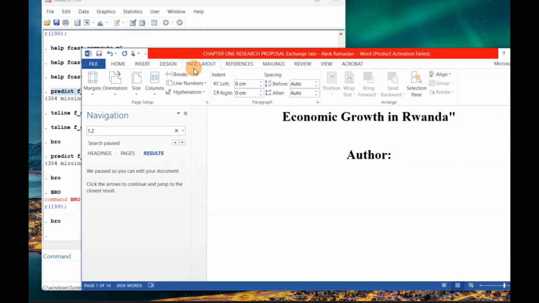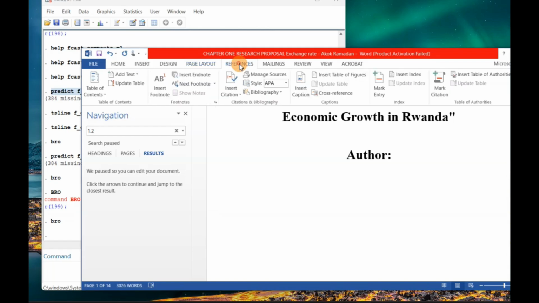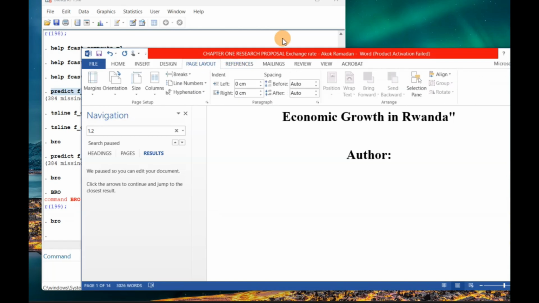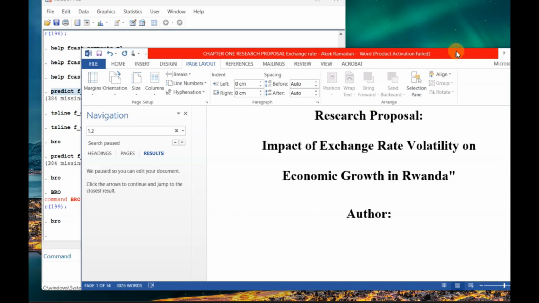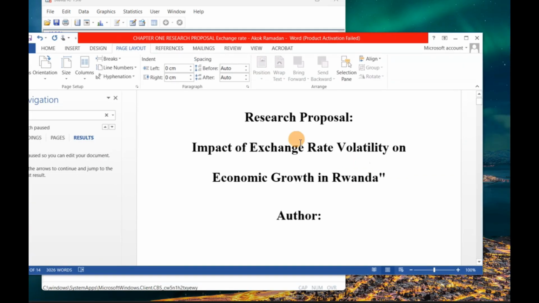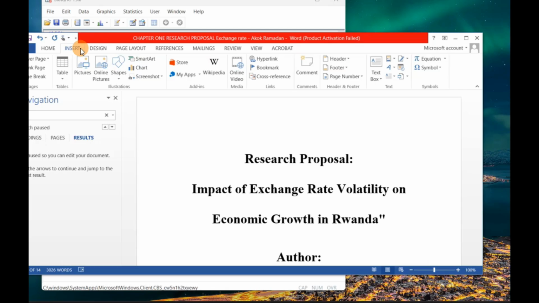Let me see the numbering. Okay, my Word document is very old. I don't have any numbering. Yes, insert.